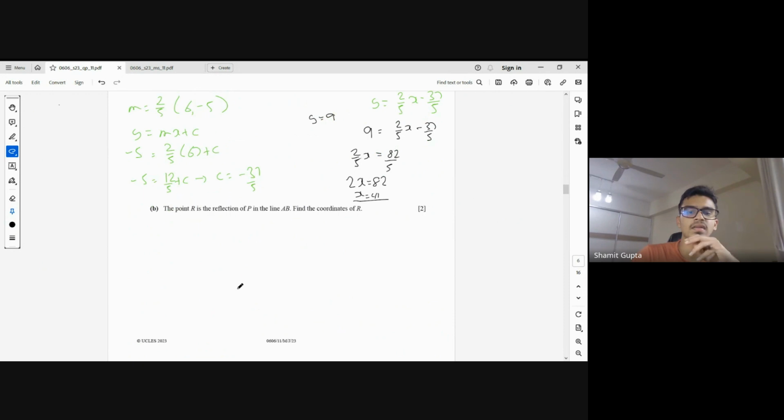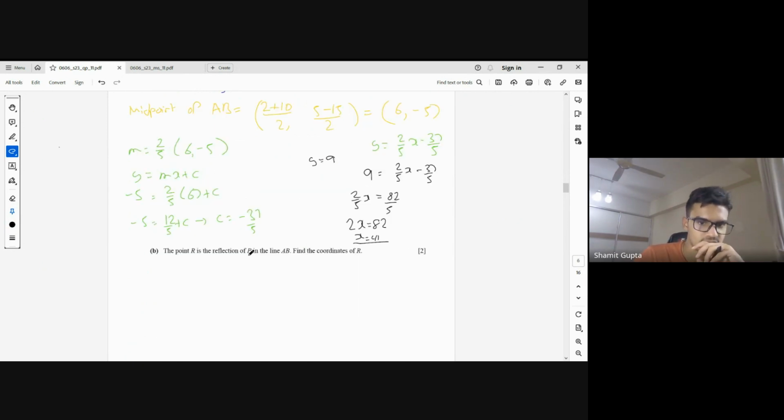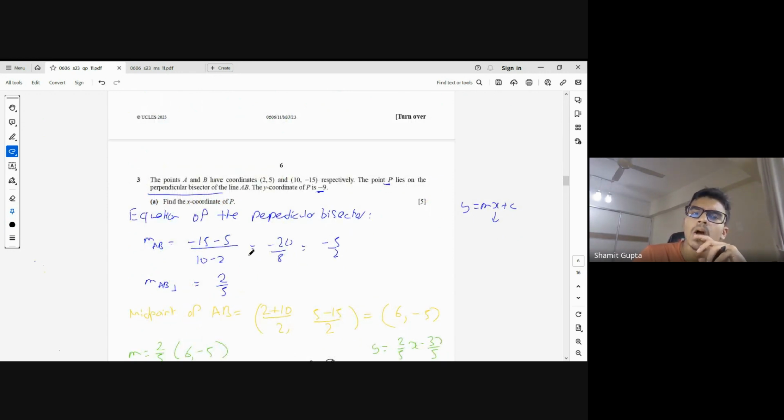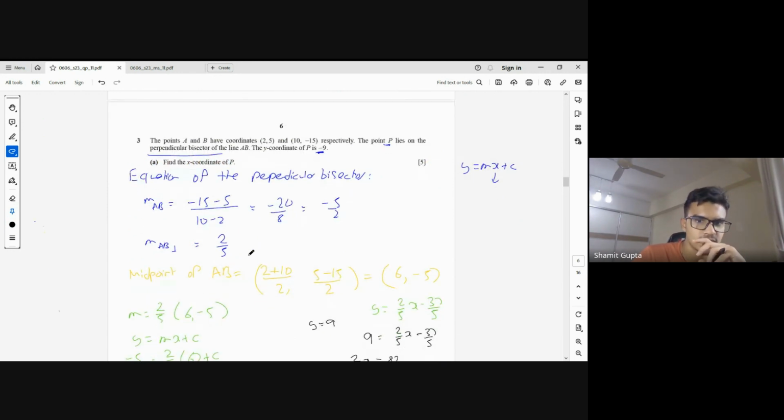The point R is a reflection of P in the line AB. Find the coordinates of R. Wow, this seems like a hard one.